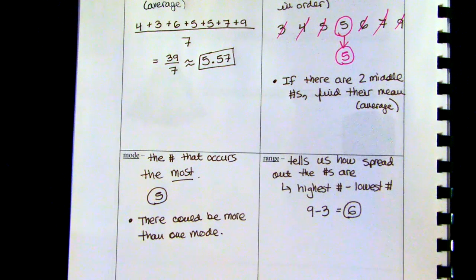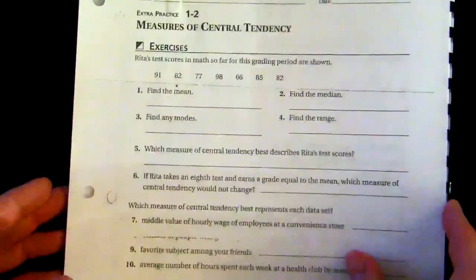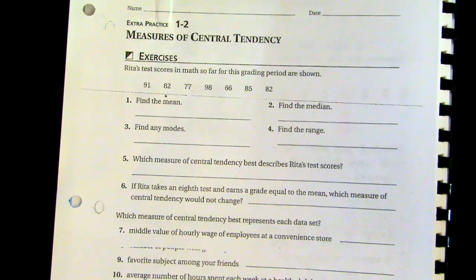We're going to do a little bit of practice with this. What are we going to take a look at? Can you please take out that sheet that I gave you titled Extra Practice 1-2, Measures of Central Tendency. I'm going to give you a moment to get that out.